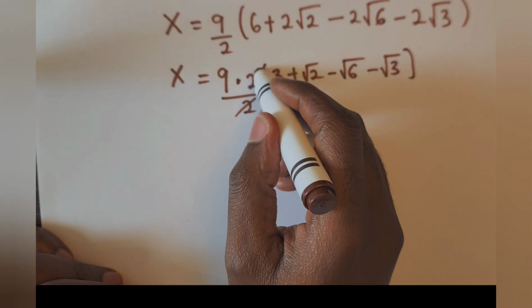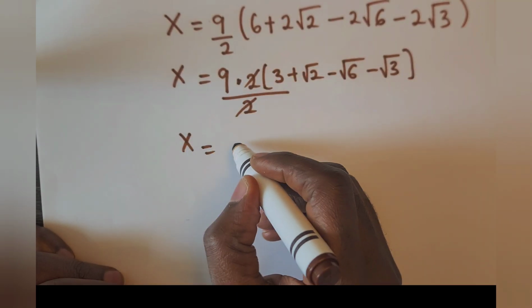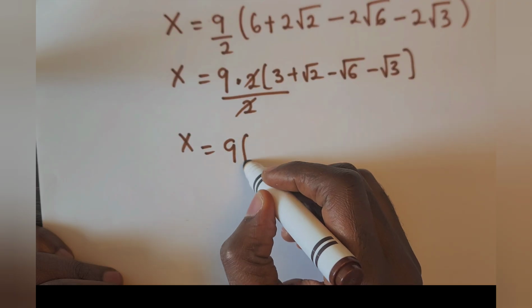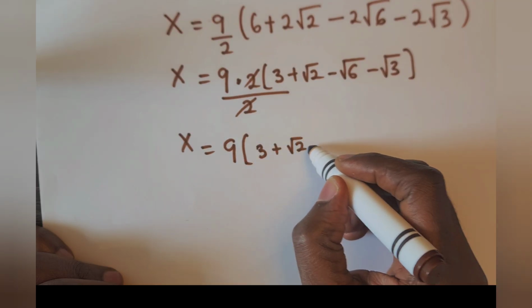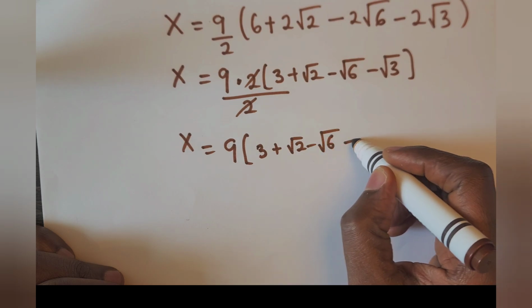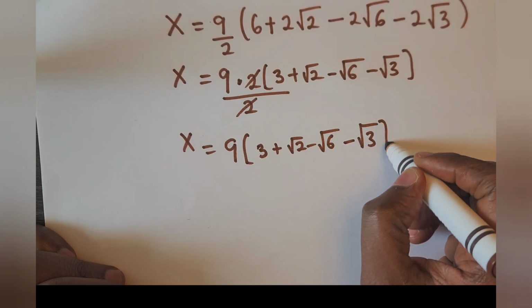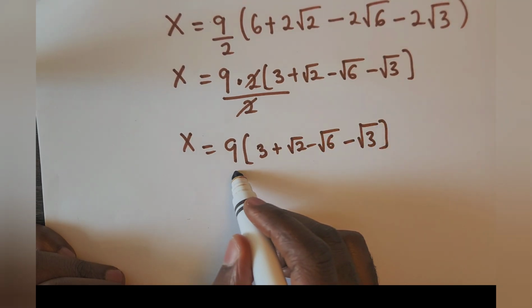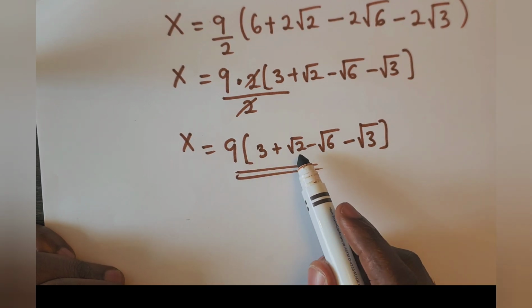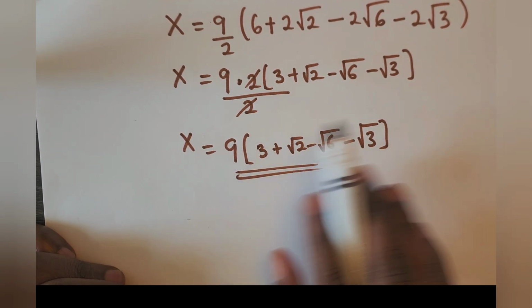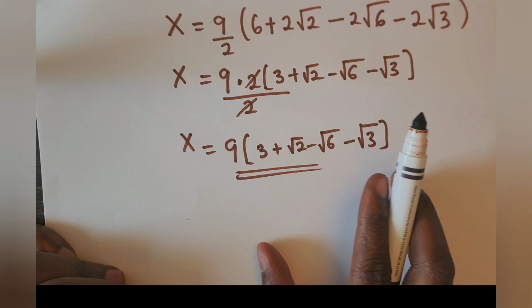And these 2 cancel out these 2. So my x is going to be 9 in parentheses 3 plus root 2 minus root 6 minus root 3. So this is the simplified version of this. And if you want it in approximate format, you can get the square root of this. But this is the simplified form in which I'm going to stop.